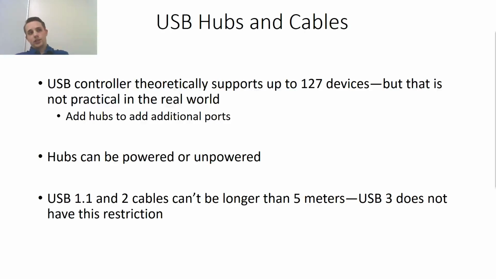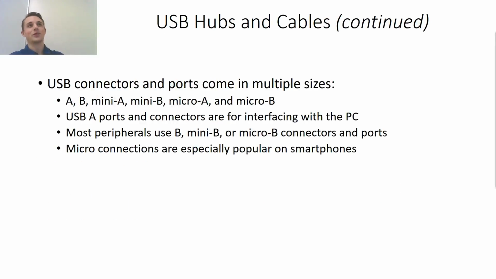I don't know why you would need a cable longer than 5 meters, but you can bypass that restriction using USB 3. 5 meters is pretty long. I think with USB 2, 5 meters is 15 feet. So 15 feet, I don't know of anything that I need to be 15 feet away.